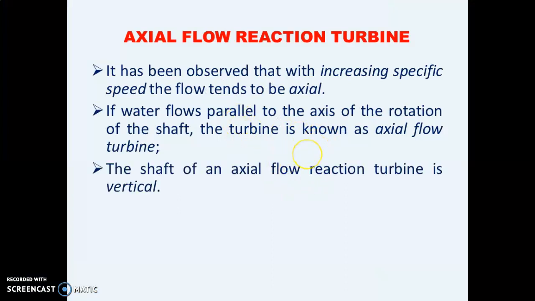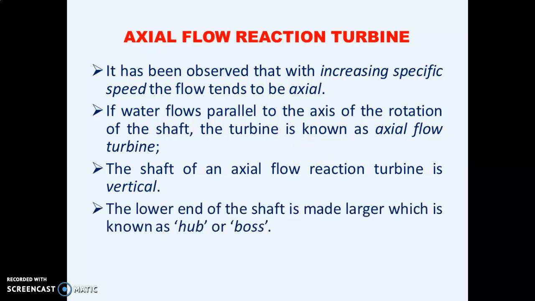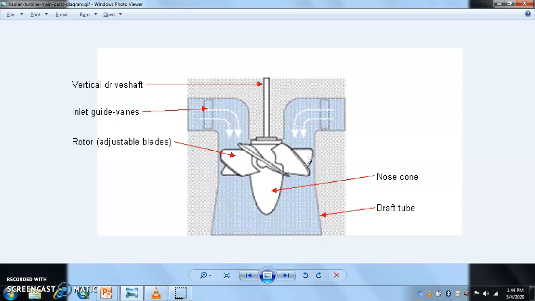Now the shaft of an axial flow reaction turbine is vertical, as we have seen in the diagram. The lower end of the shaft is made larger, which is known as the hub. This part of the shaft is made larger, which is known as the hub.